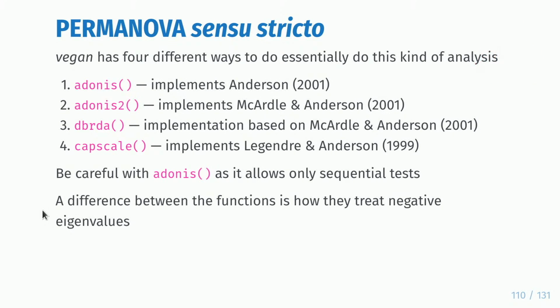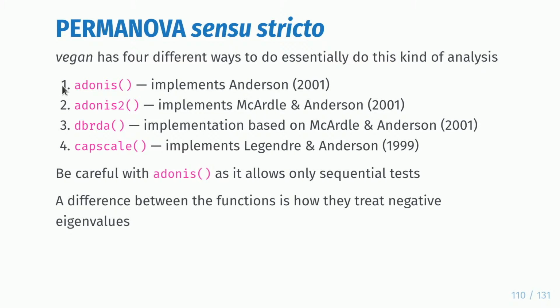So this technique, PERMANOVA sensu stricto, really just applies to this adonis function. Vegan has four different ways to do this kind of analysis. Adonis very much adheres to Marty Anderson's original definition. It's called adonis because Yari thought it would be funny because it's related to the analysis of similarities like anosim, but this is meant to be analysis of dissimilarities, and so Yari decided to call it adonis as a play on those words.